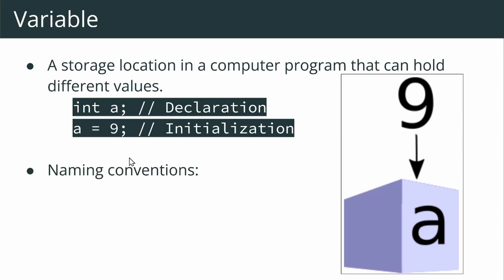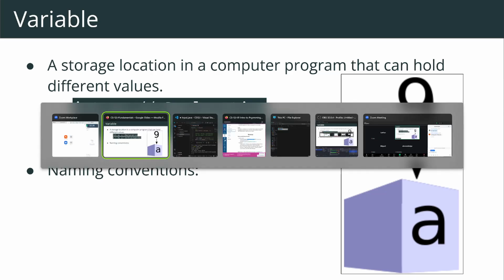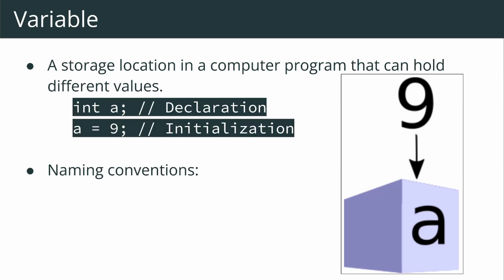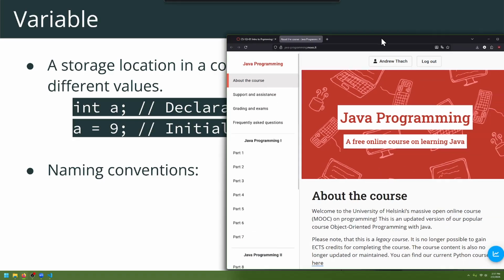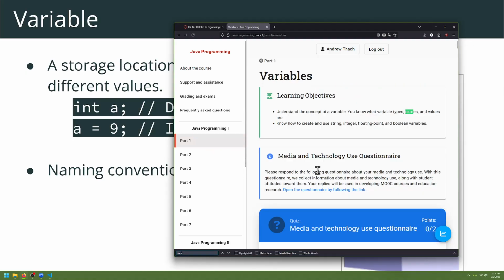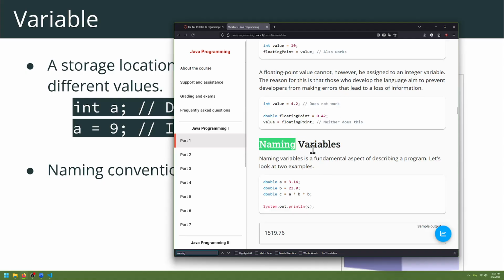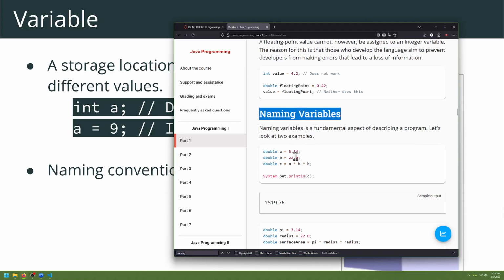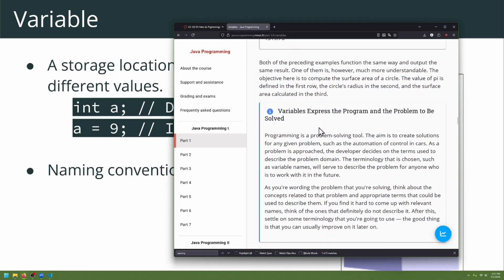There's some naming conventions, by the way. These define how you can name the variables. So if you take a look through the reading, let me see. There's going to be a little more detail on this. The reading here is 1.4, and then let me look for naming. So if you search for naming variables, they're going to go into a little more detail on this.